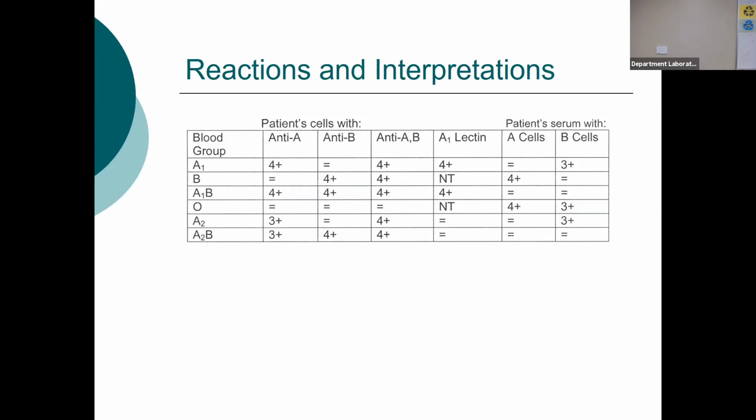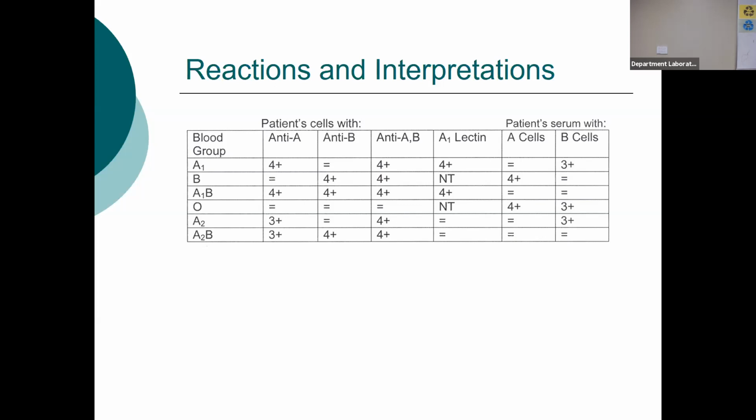Negative with anti-B. So remember Landsteiner's rule: whatever antigen you are lacking, you can build the antibody to. So in your reverse typing, if your patient is A, your A cells are negative because anti-A is not there, because the patient has the A antigen on their red cells. But you have a 3+ with your B cells because the patient's anti-B is reacting with the B cells. Okay, does that make sense?